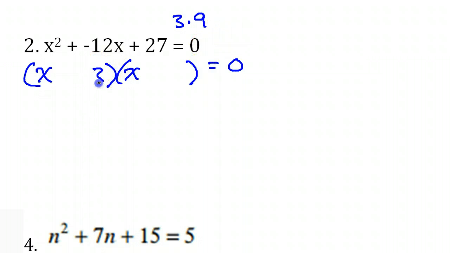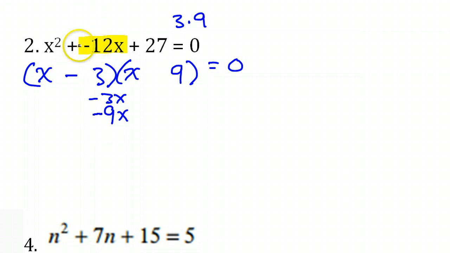So let's try that. So 3 times 9. Inner plus outer equals middle. Inner, I have 3x. Outer, I have 9x. The middle that I'm talking about is this negative 12x. I can make negative 12 out of this if both of these are negative. Negative 3x and negative 9x make negative 12x.